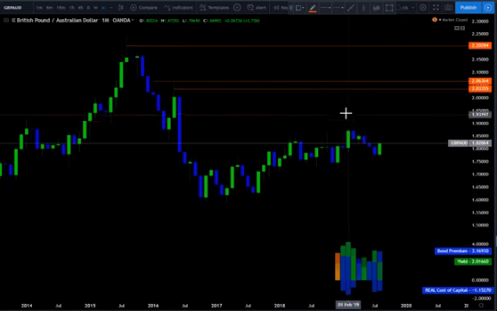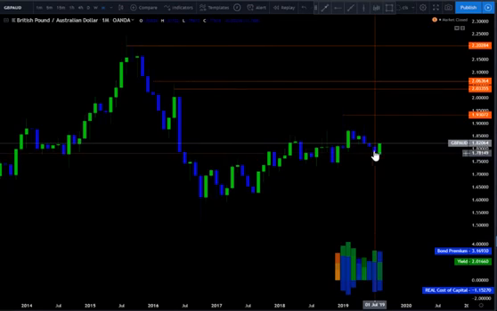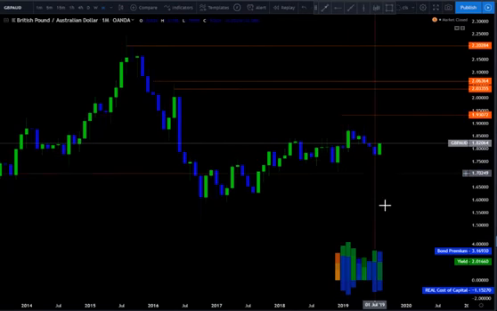We have a key market making area right here on this top tail doji, and that's really what that is. Don't call that a pin bar, please. It really is a top tail doji. We have a key market making area there. There's a reason for that.